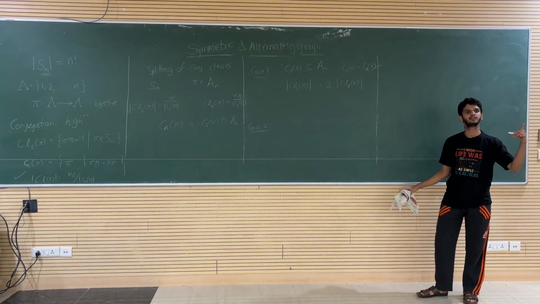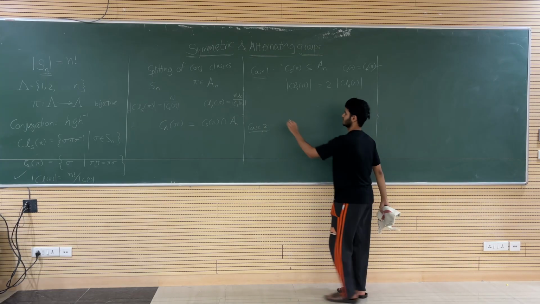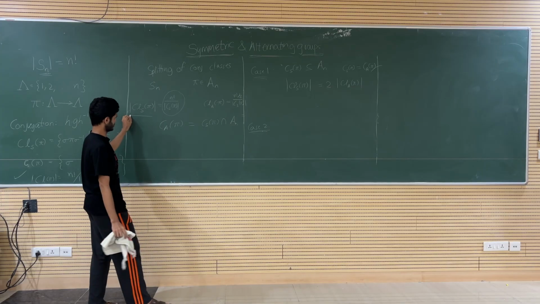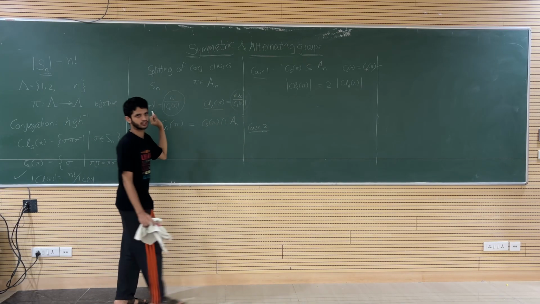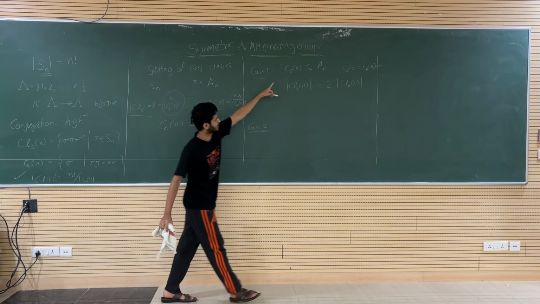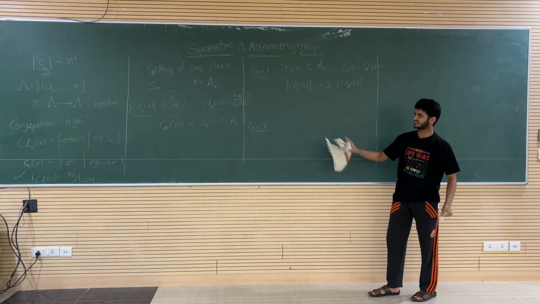Any problem? Okay, should I write this? This is the size of this. This is the size of this. The only difference is by 2 here. Actually, there was the centralizer in A of pi here, but I'm working in a case where both are the same. So this is true. Now there is a second case.